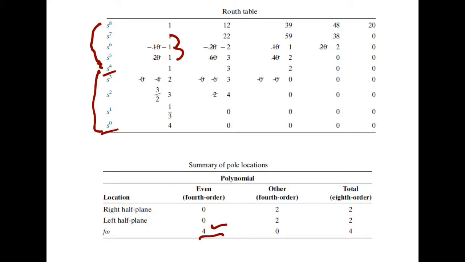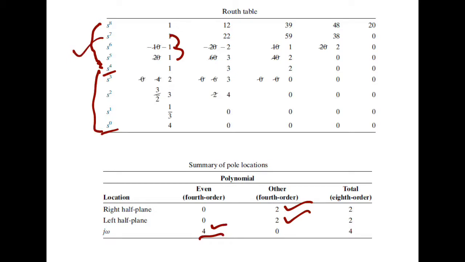Thus the other polynomial has 2 roots on the right half plane due to these sign changes, and because of the symmetry, 2 on the left half plane, because in total we have to take care of 4 roots.